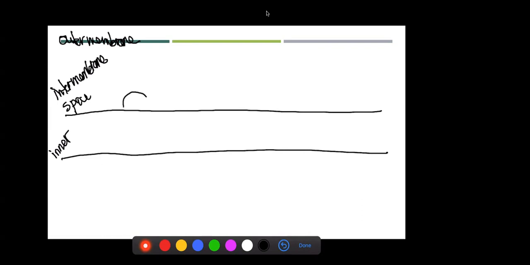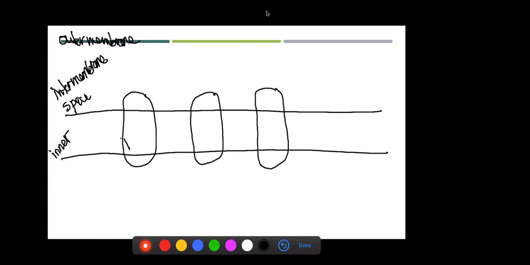We're going to have 3 proton pumps. There's a proton pump. Since I had poops earlier, I might also have PPs here. PP, proton pumps. All right.